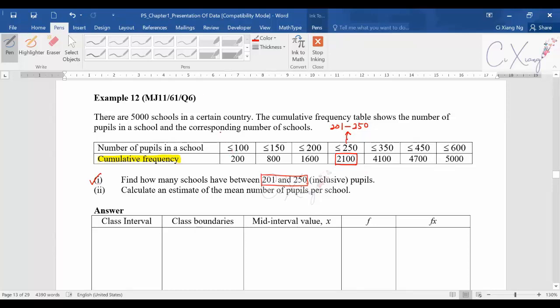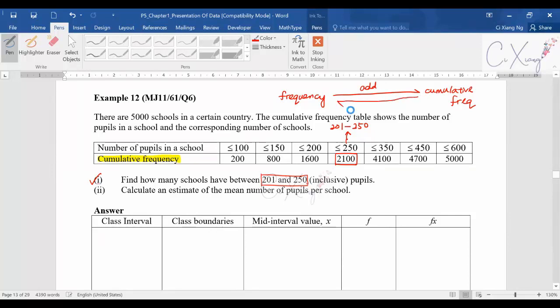For cumulative frequency, you add all the frequencies together. So from cumulative frequency, to get back to the frequency, what you need to do is subtract. Just to give you a better idea, when you have the frequency and you want to change it to cumulative frequency, you add all the frequencies.